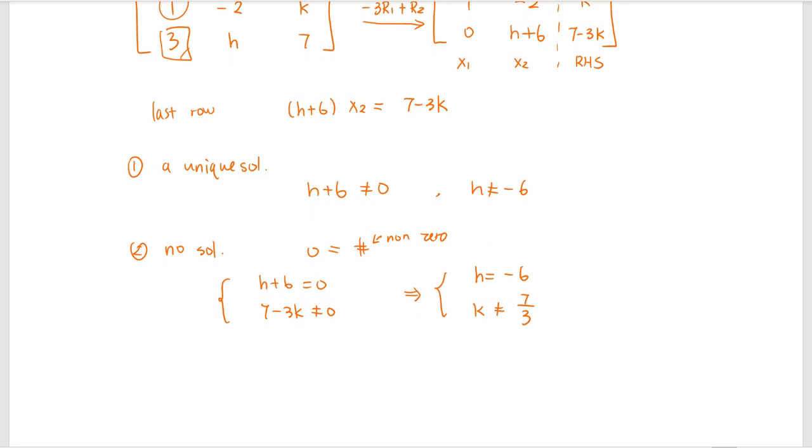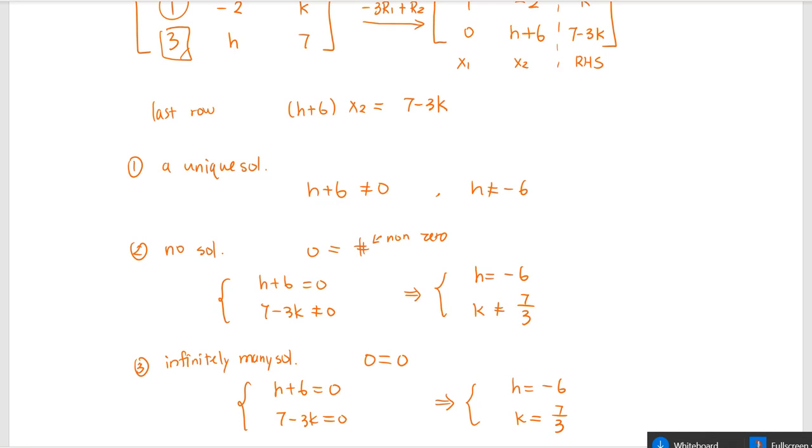And how about infinitely many solutions? When 0 equals 0, right? So we have h plus 6 is 0, and the right-hand side is also 0. We get h equals -6 and k equals 7 over 3.